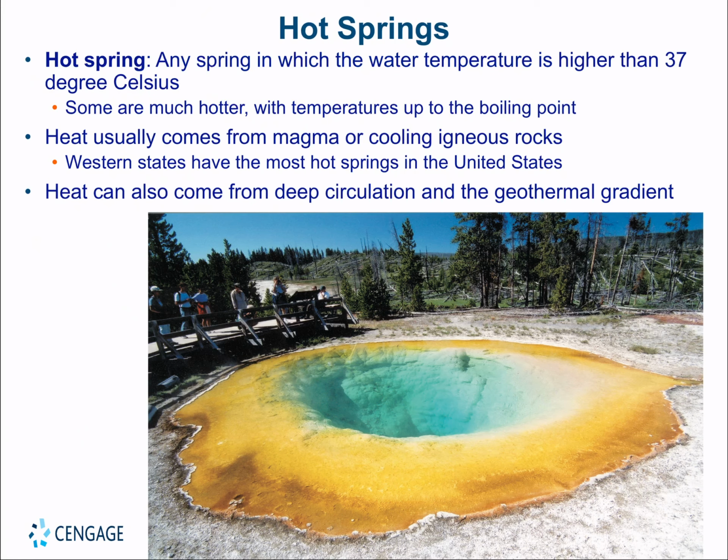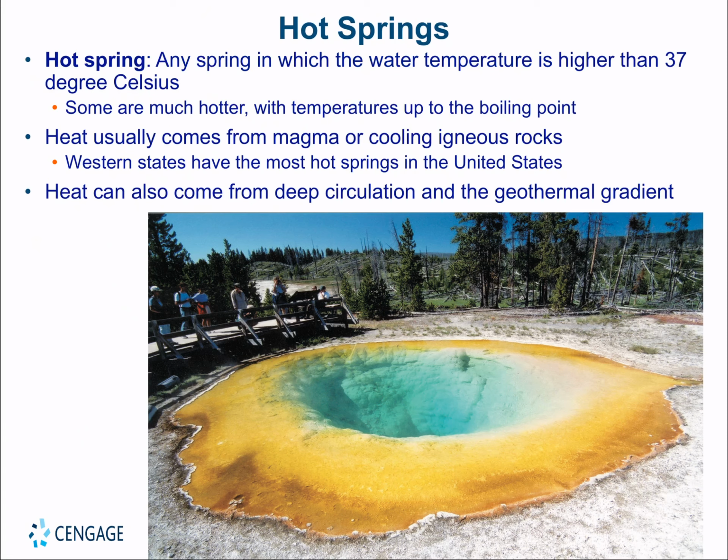So basically what happens is your groundwater is flowing over magma or igneous rock, and it picks up that heat, and that heat travels with the water. We could also get that heat from deep circulation in the geothermal gradient. This picture shows Morning Glory Hot Spring in Yellowstone. It is one of the more colorful hot springs.